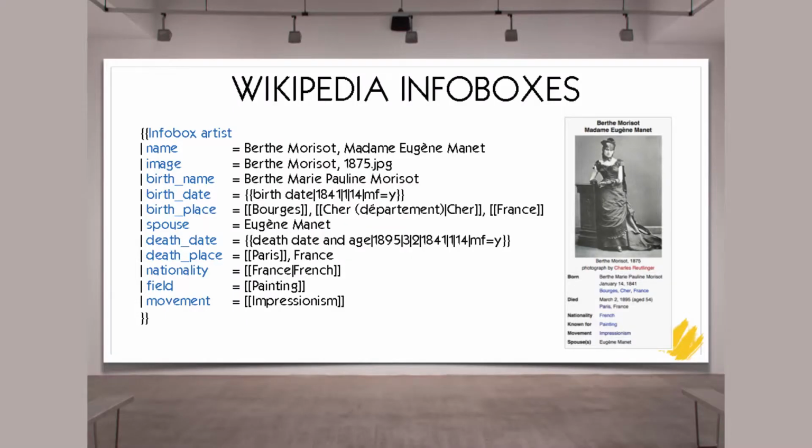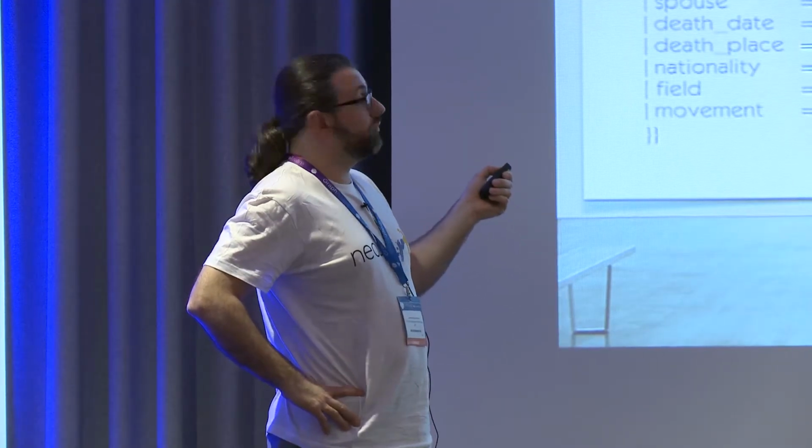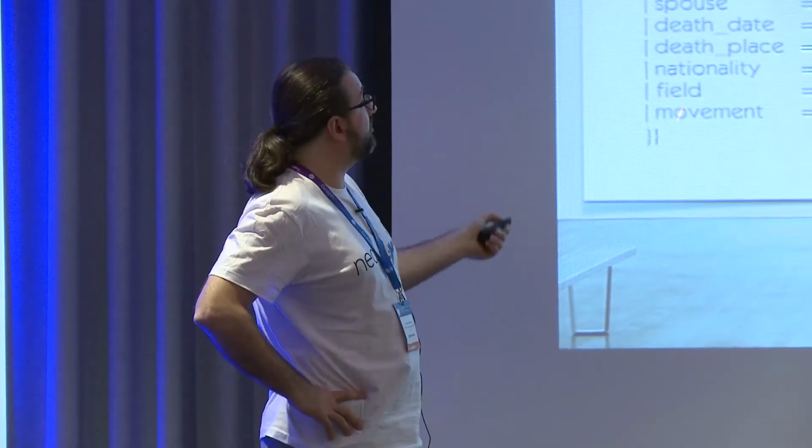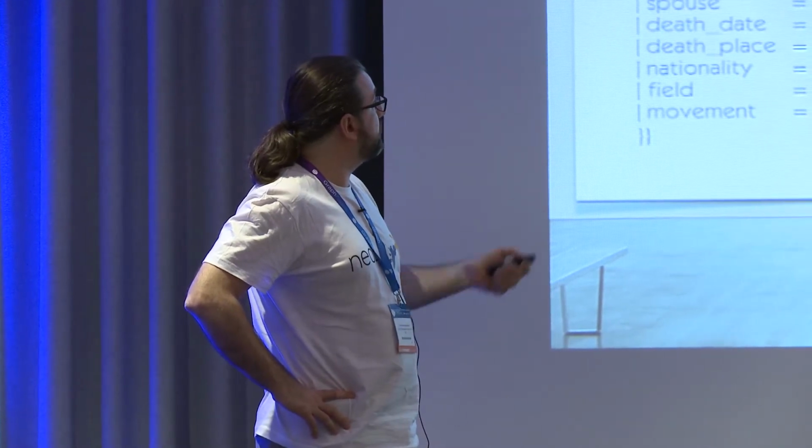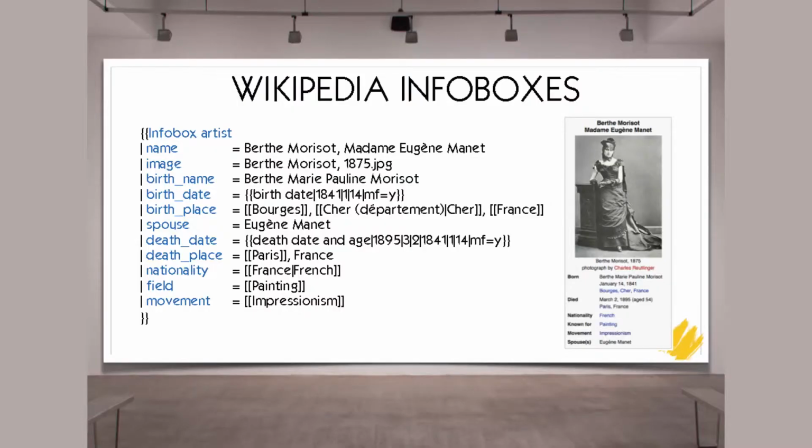Then we use the Wikipedia info boxes, which are the ones you can find on the right of the pages, to collect domain-specific arguments. In an info box, you can find some information which is very specific and interesting for our domain.